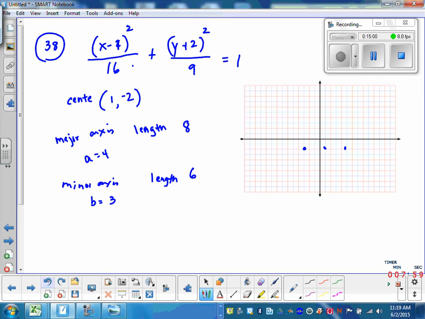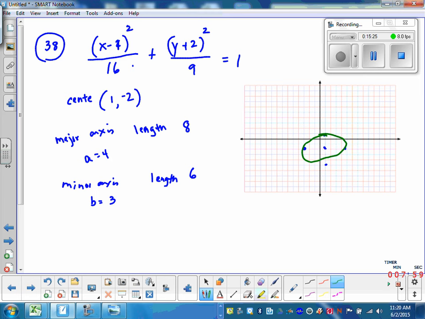Not 2. 3. 1, 2, 3. And down 3. 1, 2, 3. So here's what my ellipse looks like. Let's get this ellipse going on. Looks like this. Did you get it right? Oops. I'm a little off, but you get the general idea.